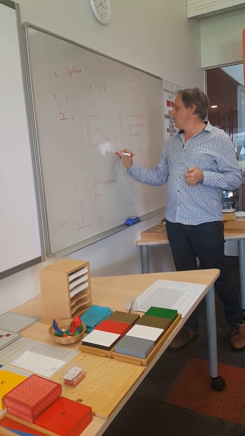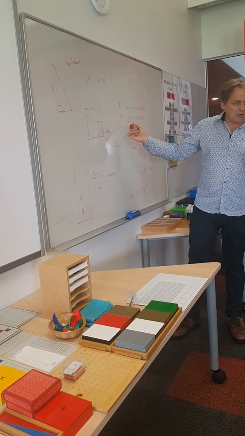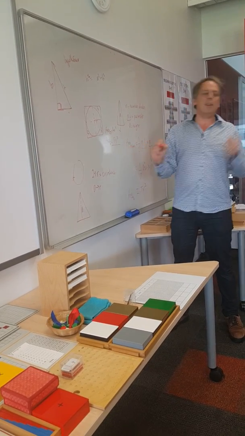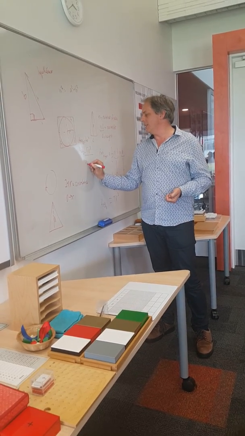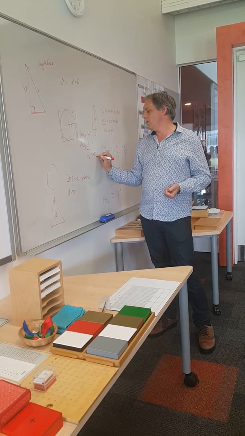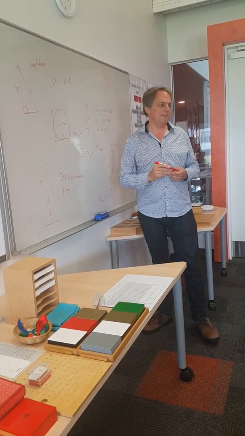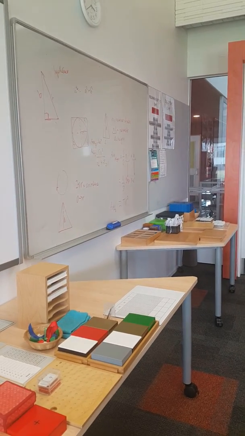So I asked you, what is this area here? Basically I've got 4 lots of r squared minus 3.14 lots of r squared. So the area of this difference here is about 4 minus pi, which is approximately equal to 1. It shows that relationship.